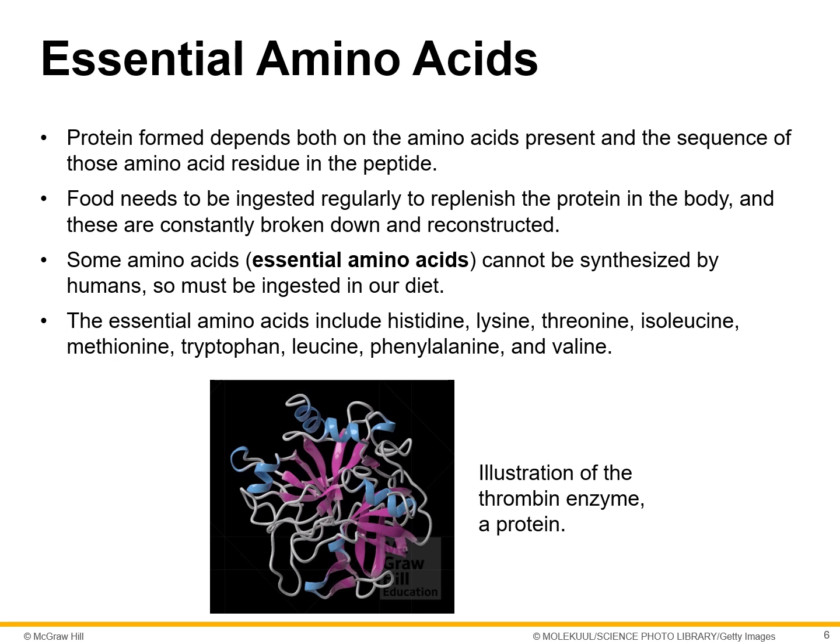But going back to the amino acids, the sequence of amino acids is very important because it helps define structure and functionality. Things like disulfide bonds can occur to help fold and denature proteins. As I mentioned earlier, you have these essential amino acids, those that can't be synthesized by humans.